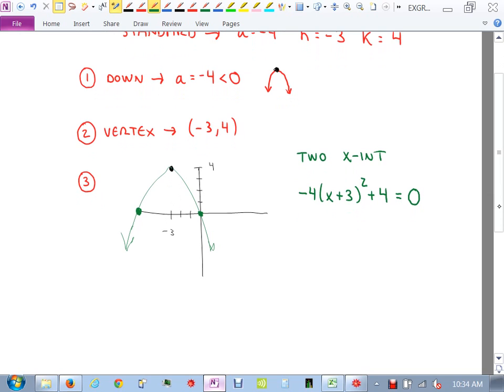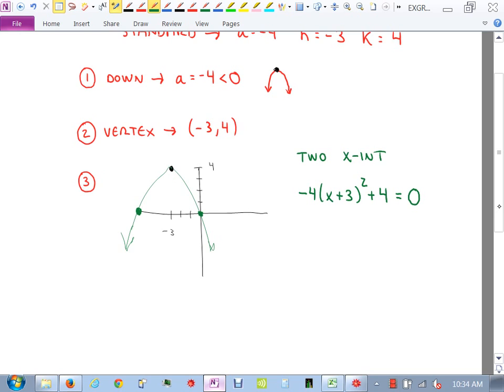Now, listen carefully. When you are in standard form and you're trying to find x-intercepts, you will always get something that looks like this, right? And the way you solve this should always be the same. This is what you should do every time you're trying to set a standard form quadratic to 0.